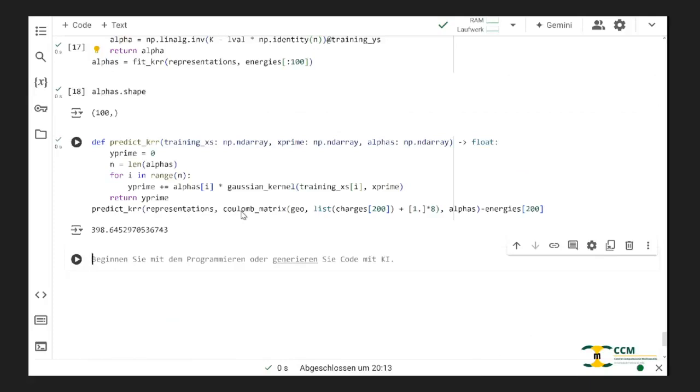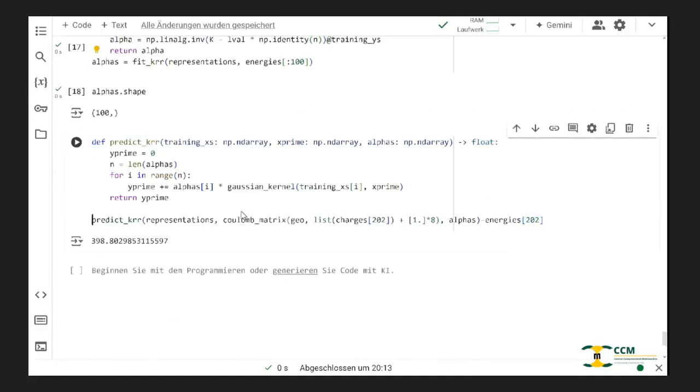That's a funny problem. Let's look a few numbers further. 201, 202, and so all of them seem to be very big. In fact, let's make a plot of the errors. I think that would be good.